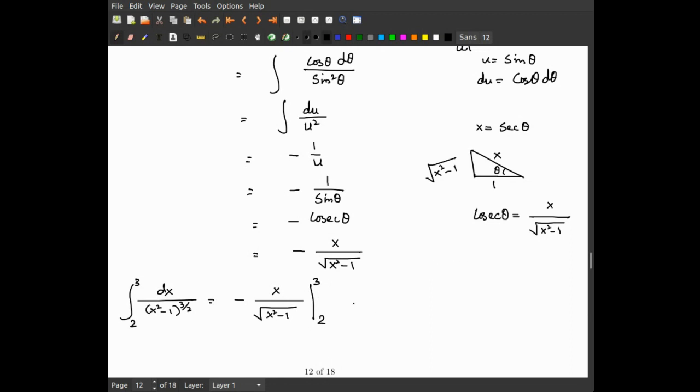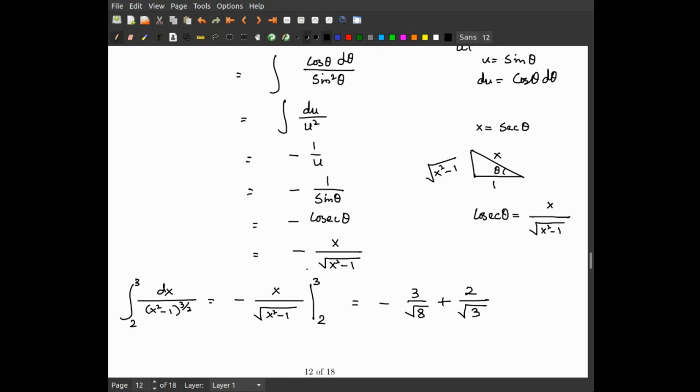Okay, so if I plug the first one, then I get negative, this is 3 over square root of 3 square minus 1, which is 8. And this would be negative, negative, positive. If I plug 2, that would be 2 divided by square root of 2 square minus 1, which is 4 minus 1, which is 3.